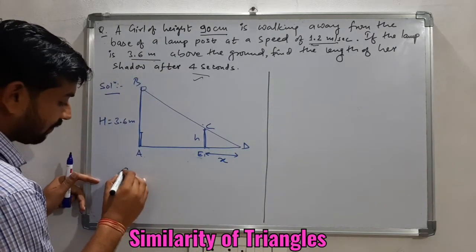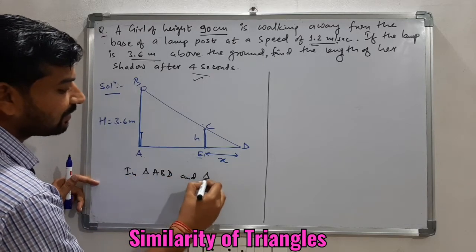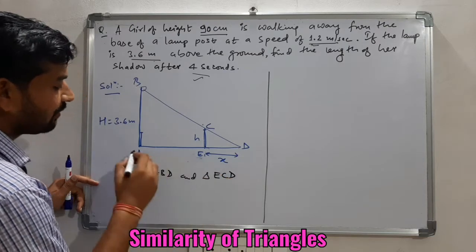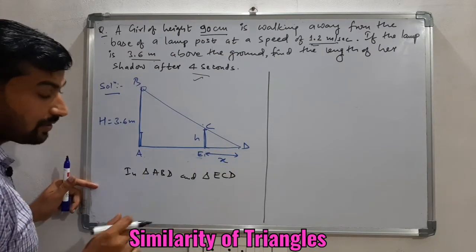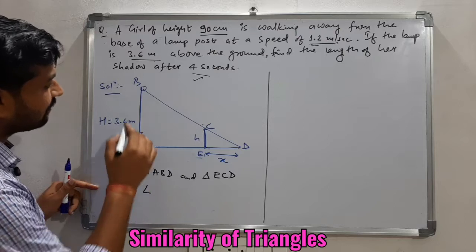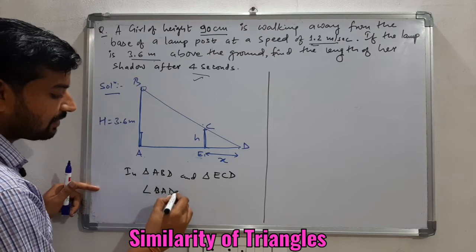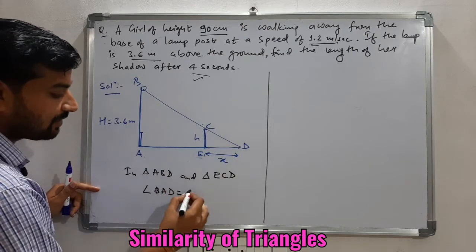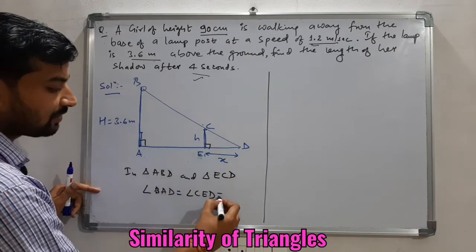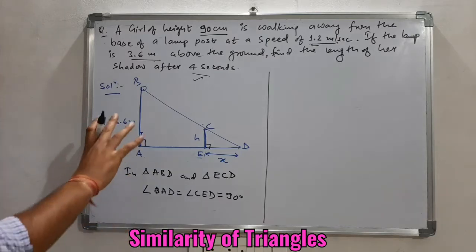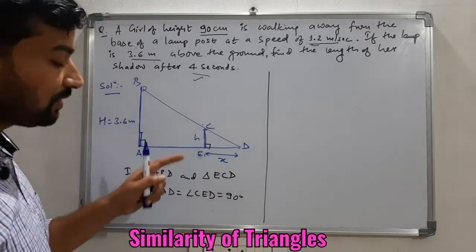If we look at two triangles, triangle ABD and triangle ECD, one is ABD complete triangle and then ECD. If we look at these two, angle BAD is equal to angle CED, and these are both 90 degree, as the pole will be perpendicular to the base and the girl is also standing, so we can assume it as perpendicular.